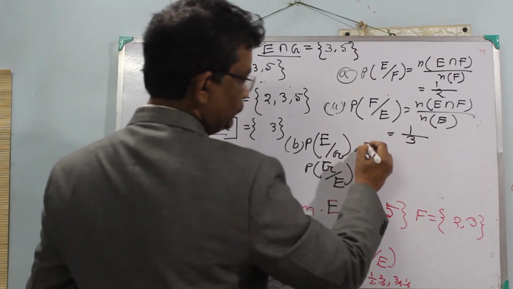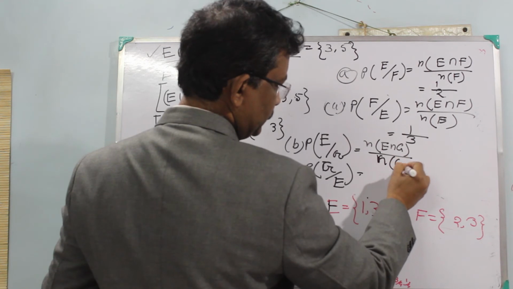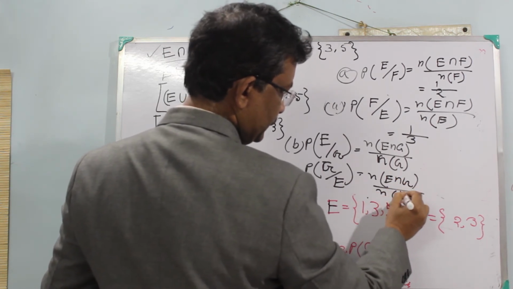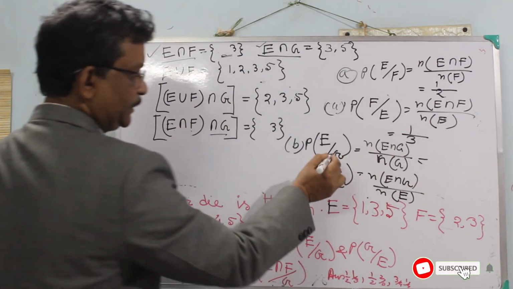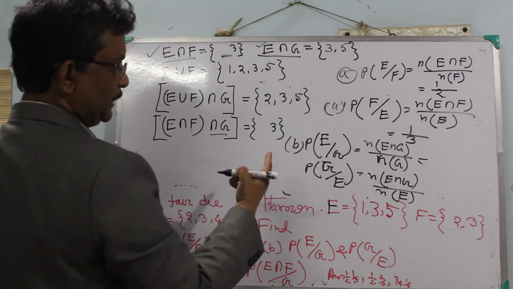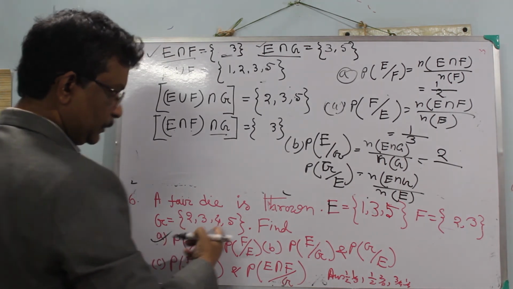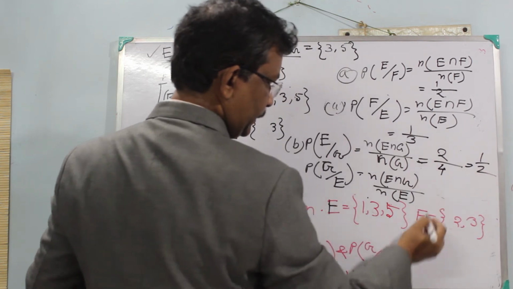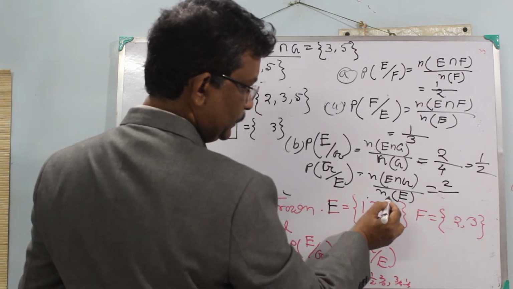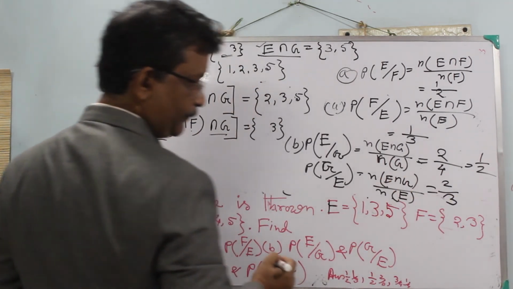The probability of the first is equal to n(E intersection G) by n(G). The number of elements of E intersection G is 2, and the number of elements of G is 1, 2, 3, 4, that is 4. So the probability is half. And next, E intersection G is again 2, and the number of elements of E is 3, so 2 by 3. Clear?